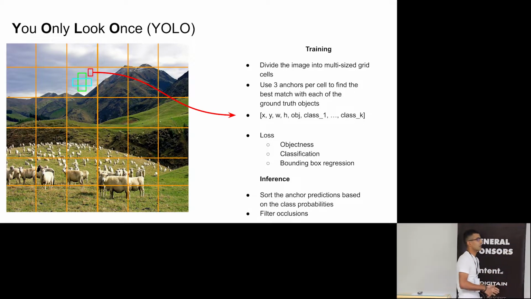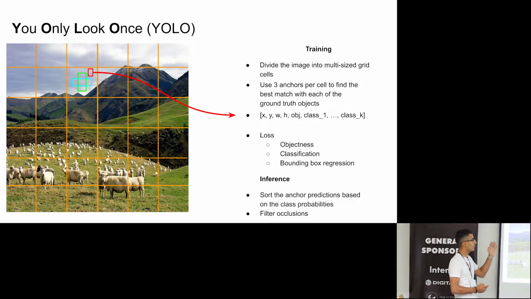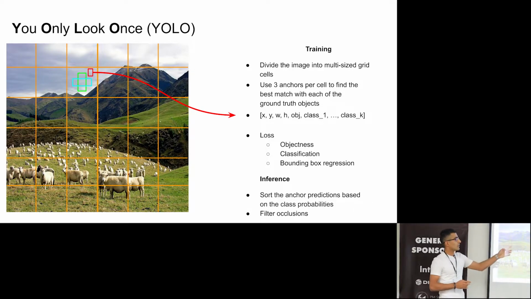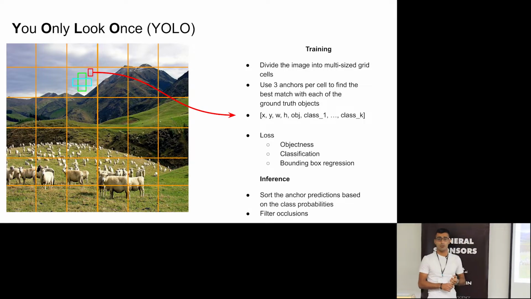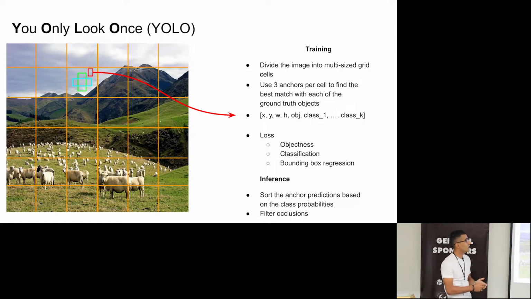These anchors have associated vectors with them, which are the 4 coordinates of the rectangle, objectness, which basically gives us information about what is the probability that there is an object in the image, and then k number of class conditional probabilities, saying that if there is an object in that rectangle, what is the probability that it is, let's say, sheep or table.